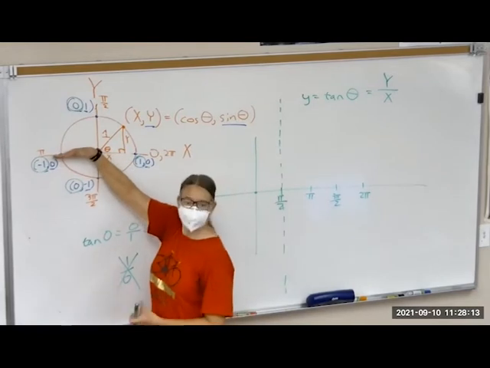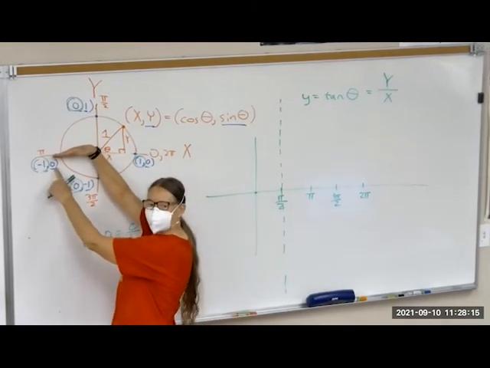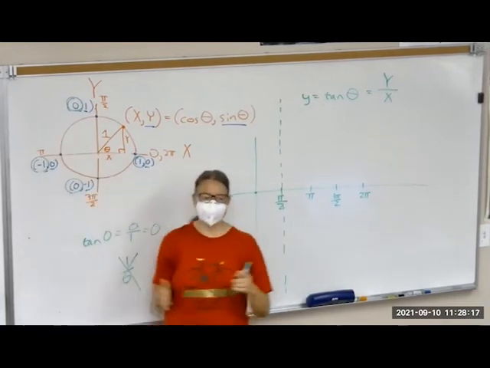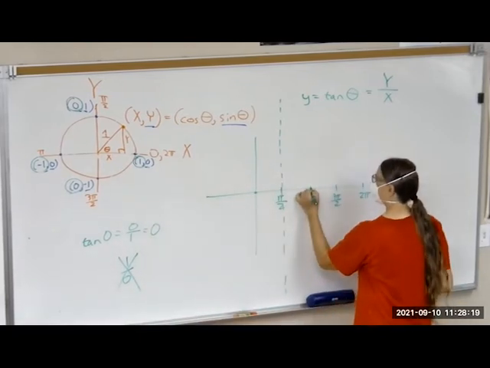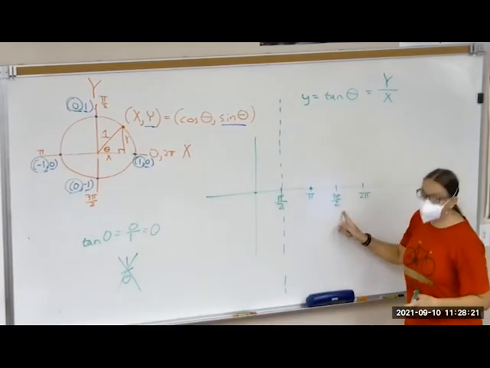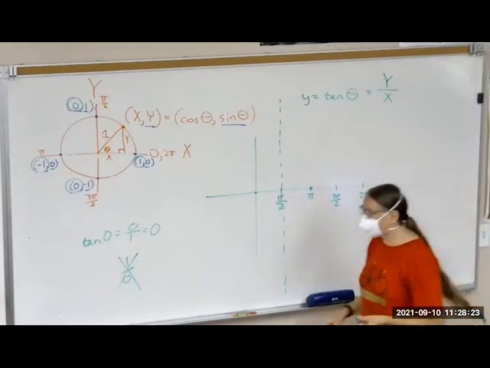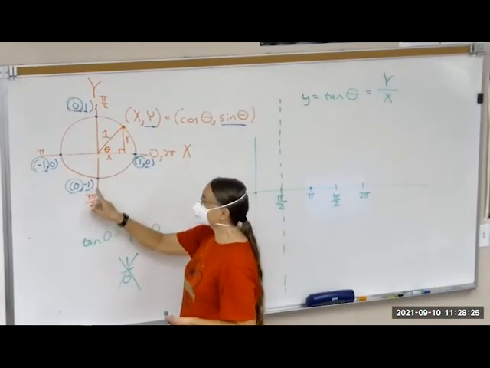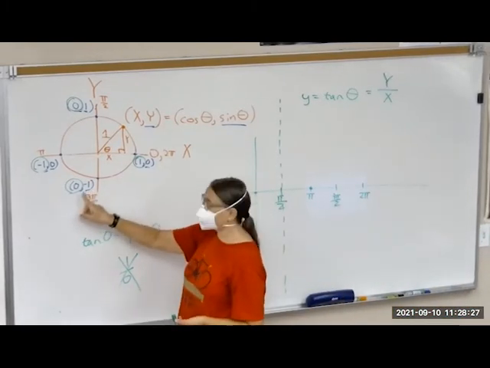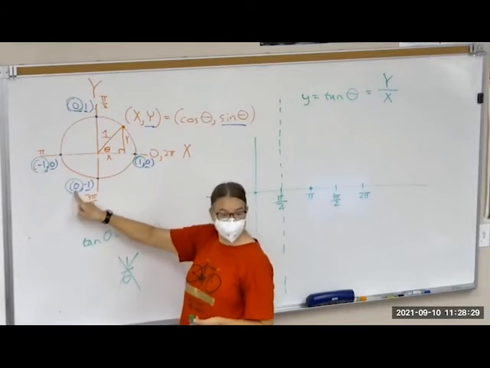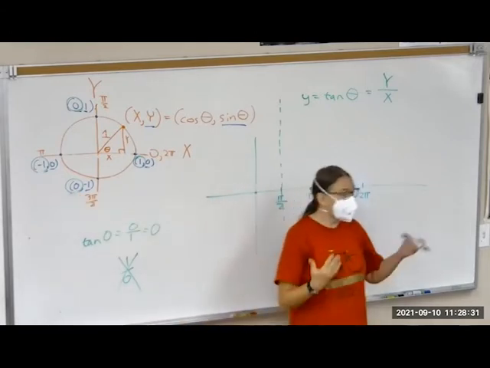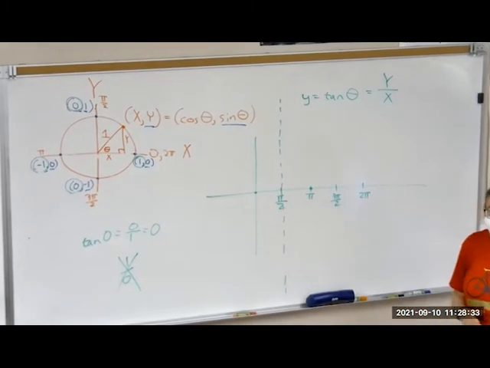At pi, much nicer one. Capital Y over capital X is going to be 0 over negative 1. That's just 0. But at 3 pi over 2, we're going to have an issue again, because if I tried to follow the definition, it would put 0 in the denominator, and I know I can't have that. But we've just learned what happens at that point.